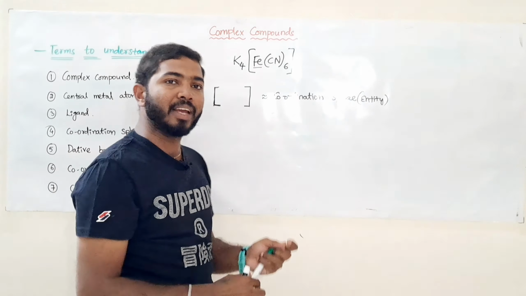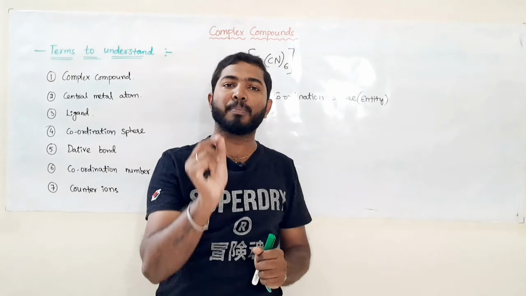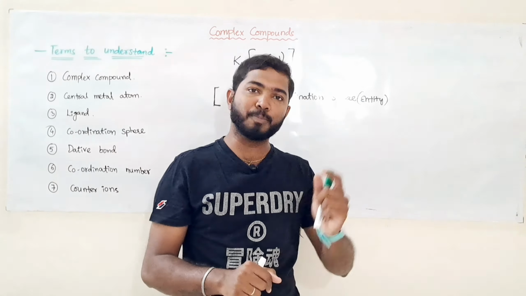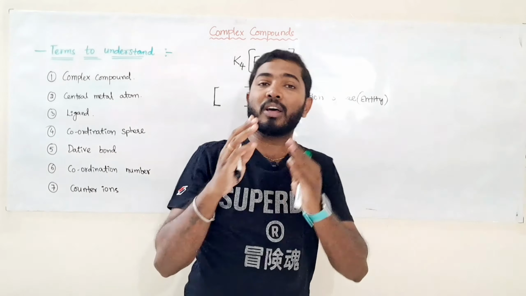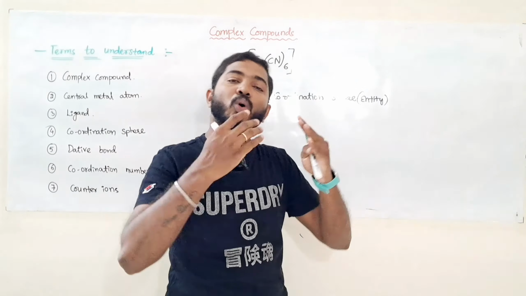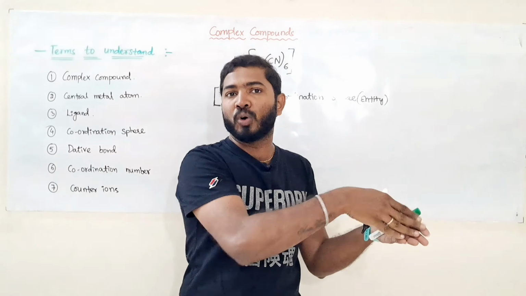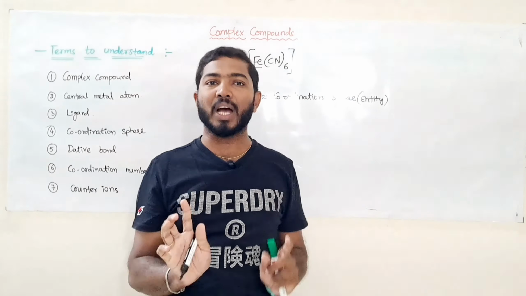What does it mean? Each potassium has a +1 charge, and there are 4 such potassiums in this complex, so the overall positive charge is +4. To balance that +4, the coordination sphere must have a -4 charge.